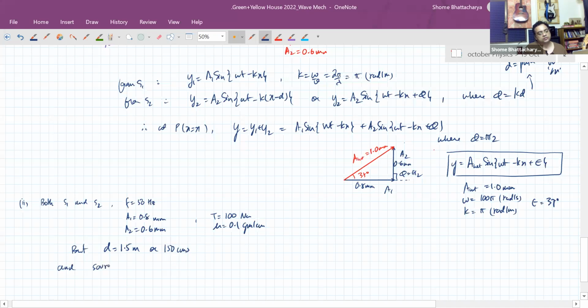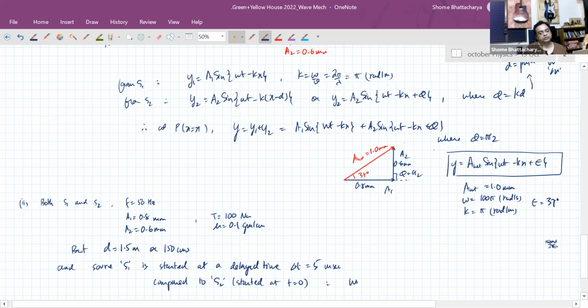The source S1 is started at a delayed time of delta t equal to five milliseconds compared to S2, which is started at t equal to 0.